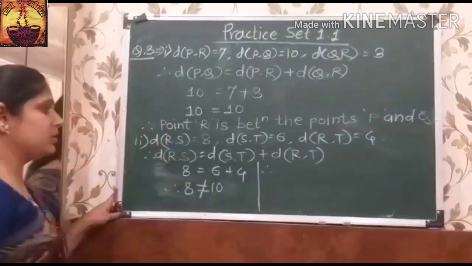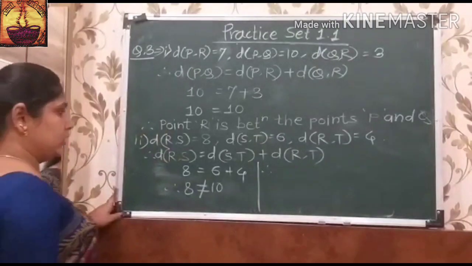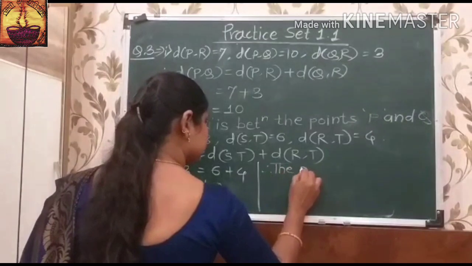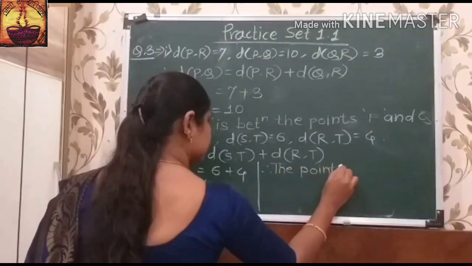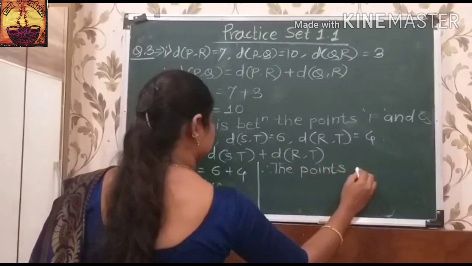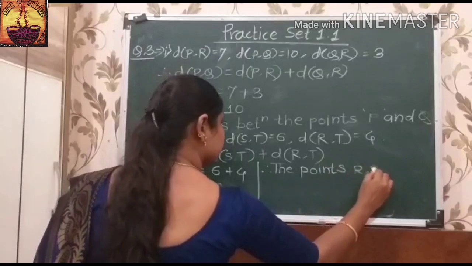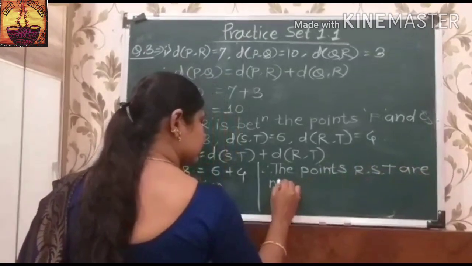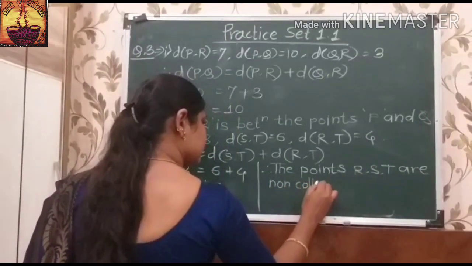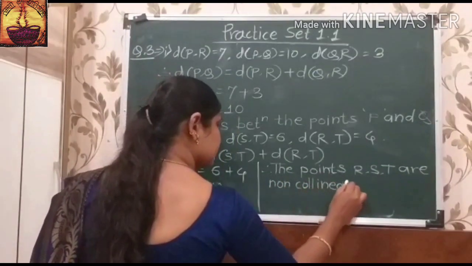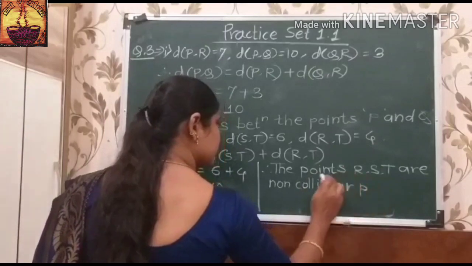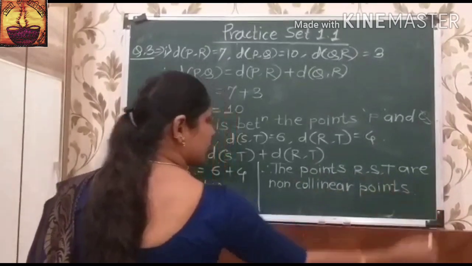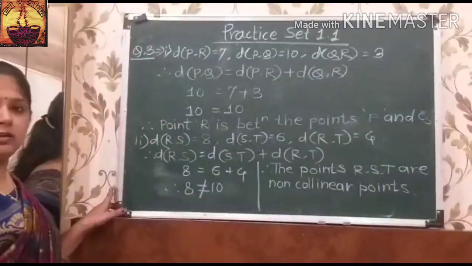Therefore, we say that these 3 points are not collinear. Points R, S and T are non-collinear.